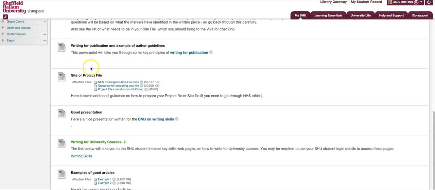One thing that I think is really important to highlight is this section here. So if you're carrying out a project, anything other than a literature-based project, then you will need to maintain a site file or a project file, and it's vital that you do that. So everything that you need to do in relation to that is contained in that section there, and if you're unsure, I would encourage you to discuss that with your supervisor.